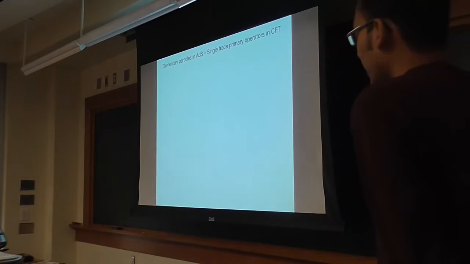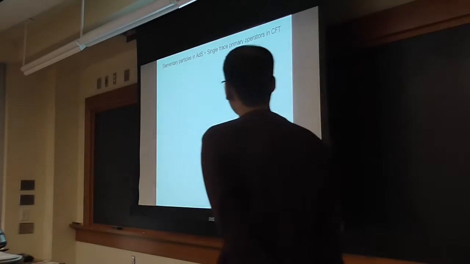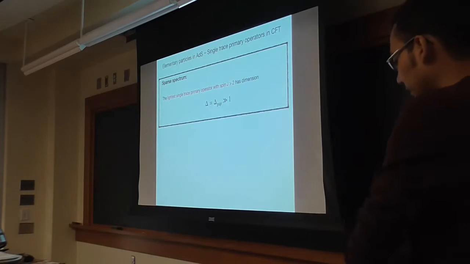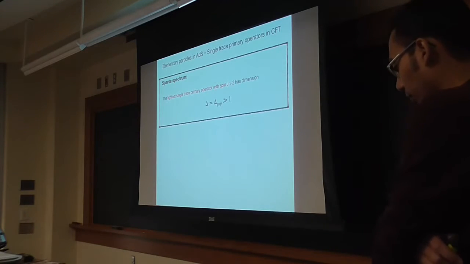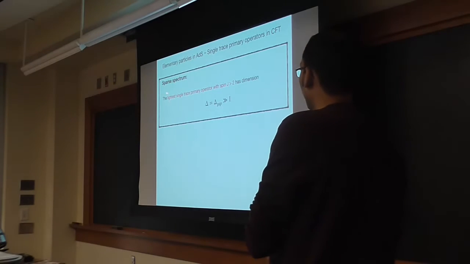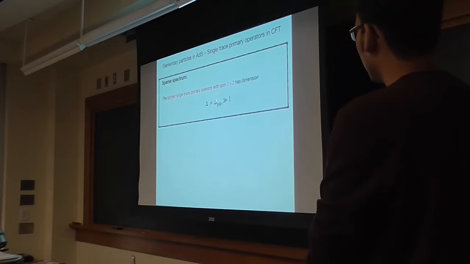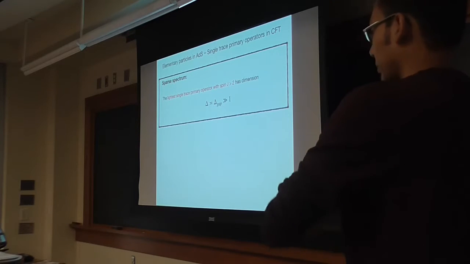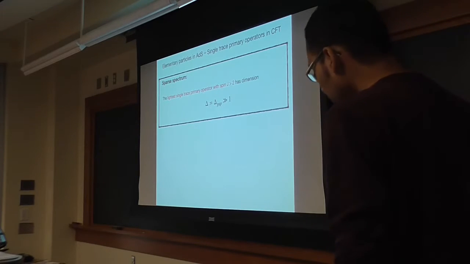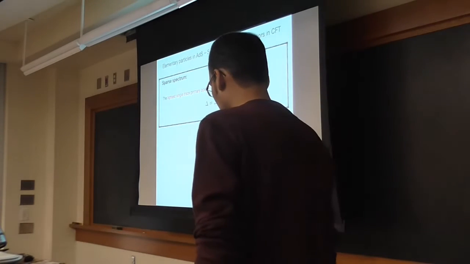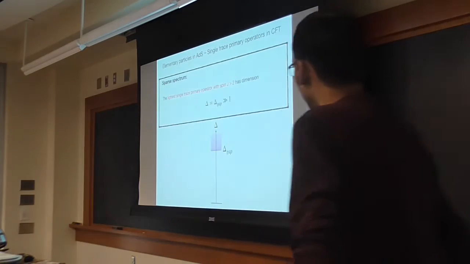Elementary particles in AdS are dual to single trace primary operators in CFT. But as I said earlier, when I talk about holographic CFTs, I basically mean a theory with a sparse spectrum. That means the lightest single trace primary operator has dimension above some gap, which is large. So basically, this is the spectrum of the higher spin operators.